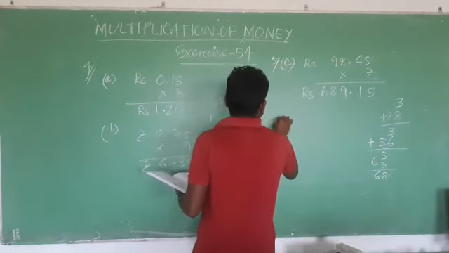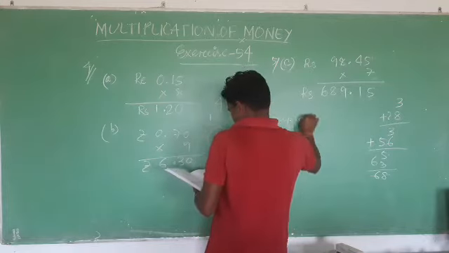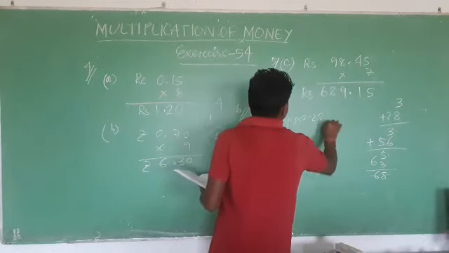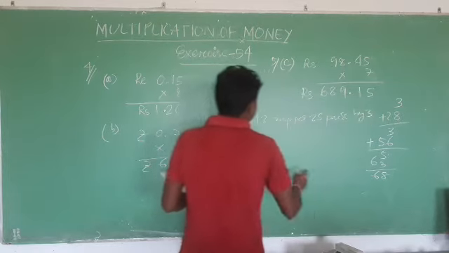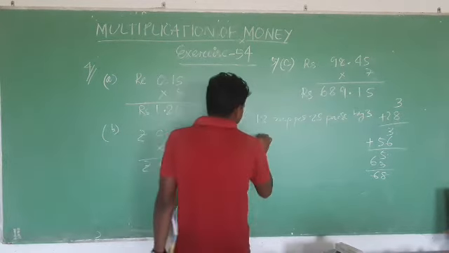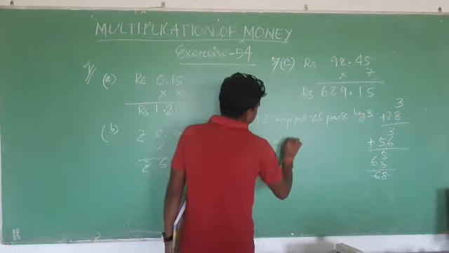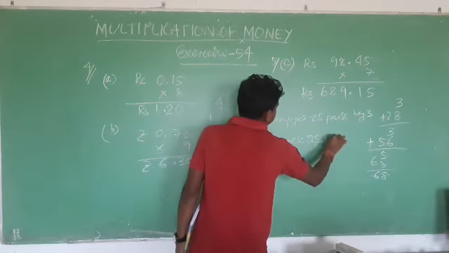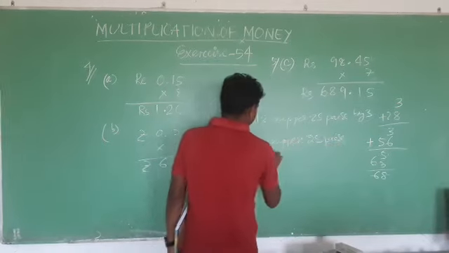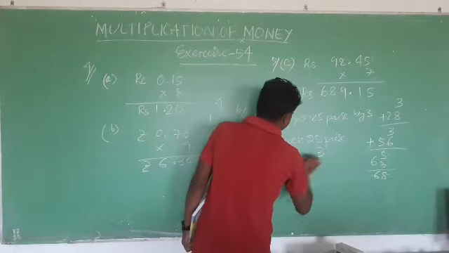Question number 6 is given like this. Multiply 12 rupees 25 paisa by 3. Okay. So you will write like this: 12 rupees 25 paisa into 3.